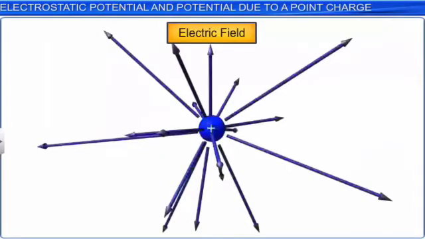We know that the work done by an external force to bring a charge q naught from infinity to a point in the electric field of any charge distribution is equal to the electrostatic potential energy of the charge q naught at that point.